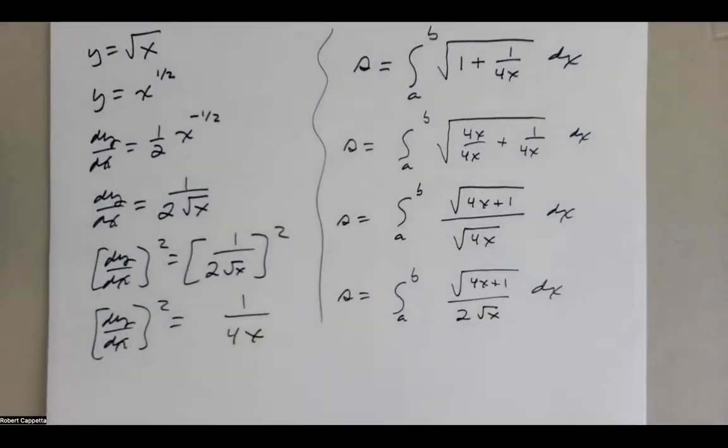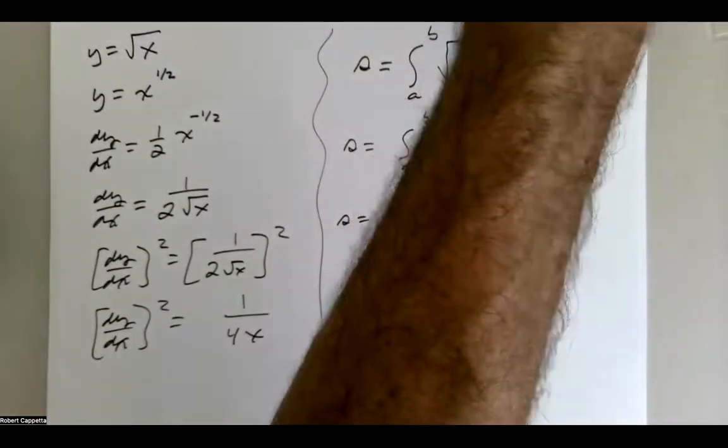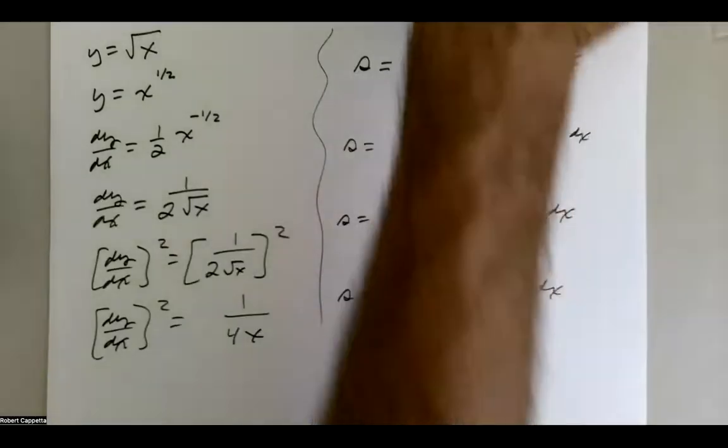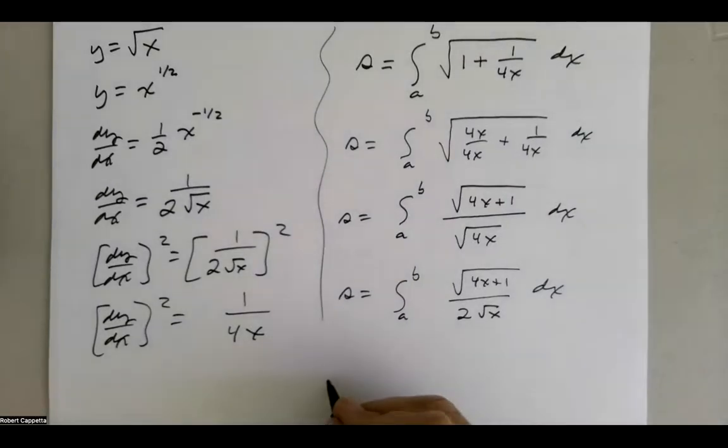And you look at this and you ask yourself, what strategy will work? Our arc length was ranging as x went from 0 to 4, if you recall on our first page, right? Y equals root x on the interval from 0 to 4. Let's put those endpoints in as well.